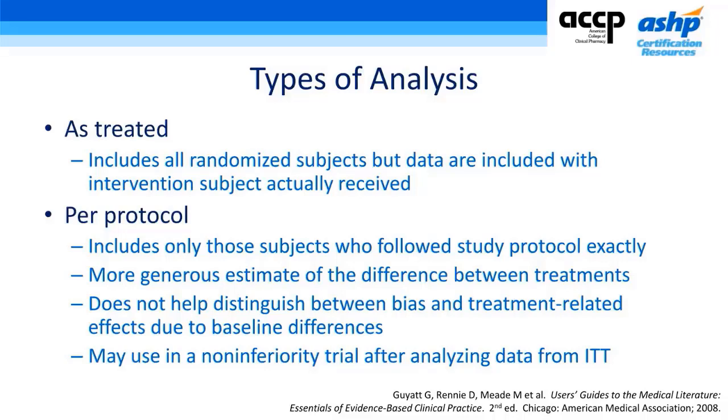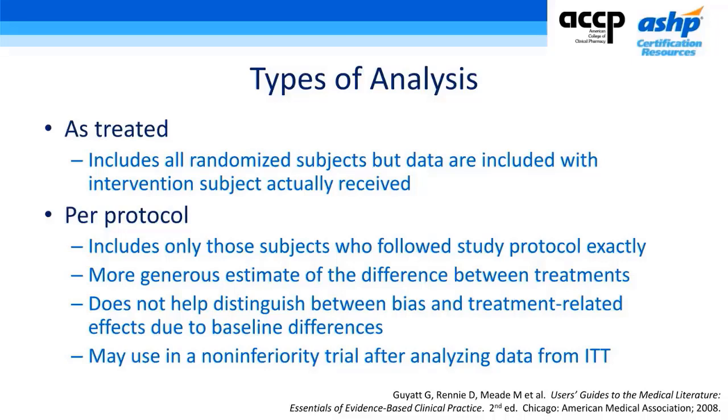However, in pulling the bottle, the wrong bottle was pulled and they accidentally received placebo for that time period. And so their data would be grouped with the placebo group versus the active group, which is the group to which they were randomized originally.